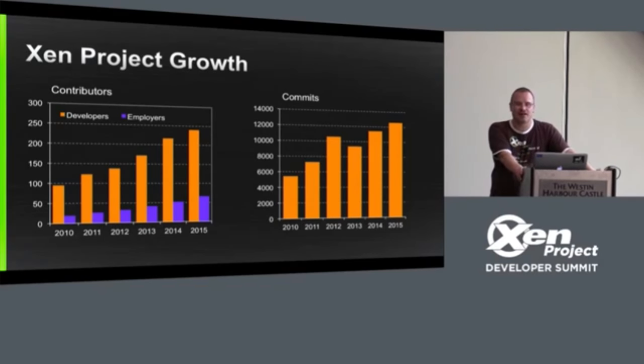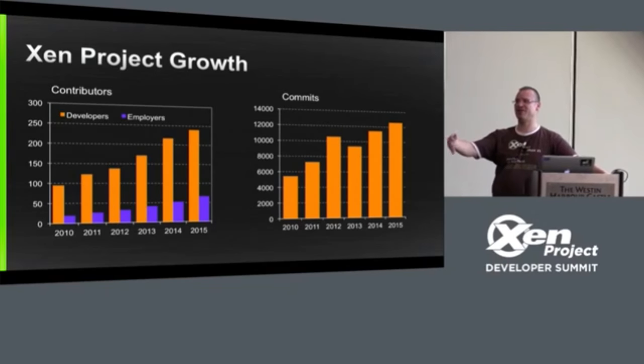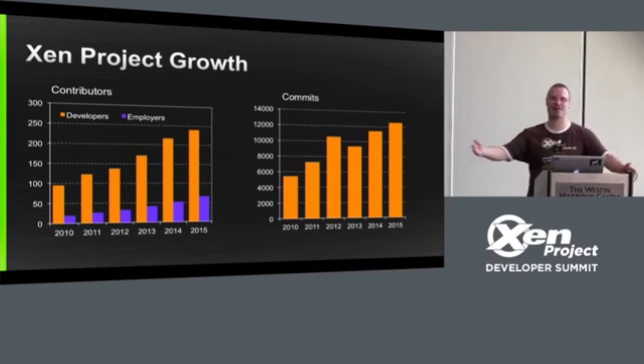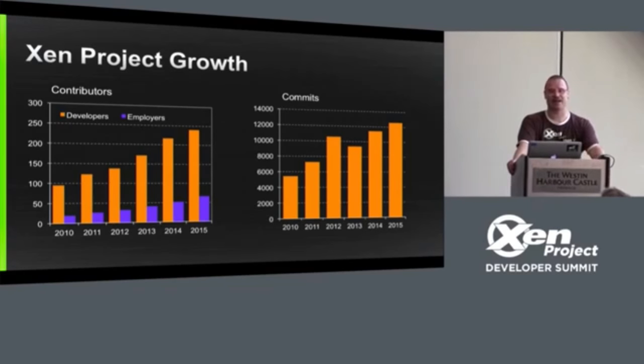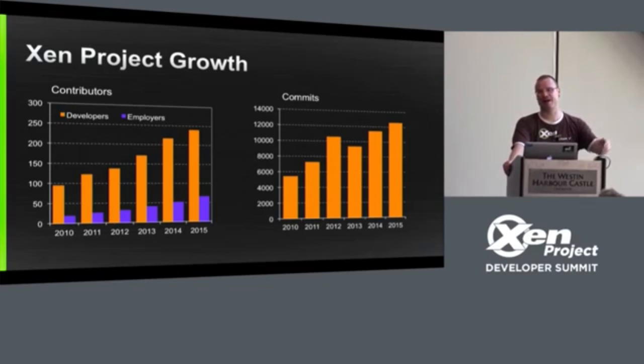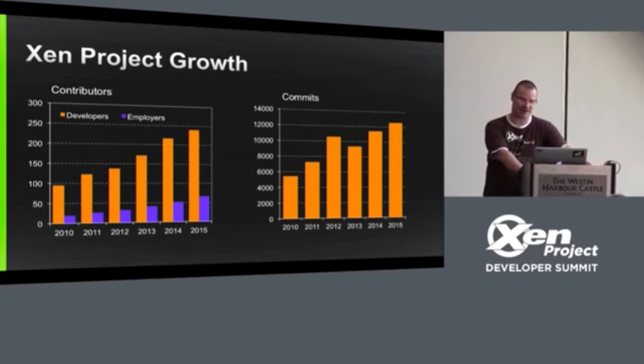I don't have the figures for this year yet across all projects, because I'm struggling in particular with the Mirage OS project, which keeps creating new repositories all the time, but they don't have a master list of all the repositories, so I can't accurately track what's going on. I'm working with them to find a way to automate that process.